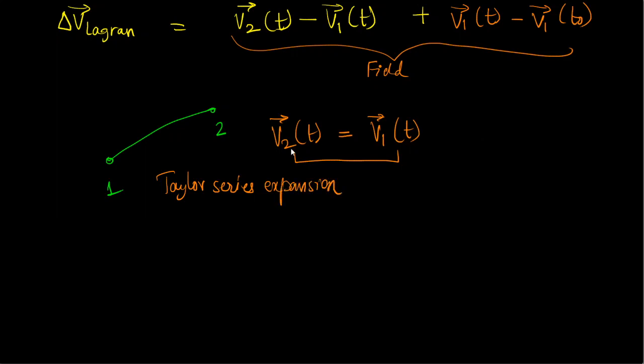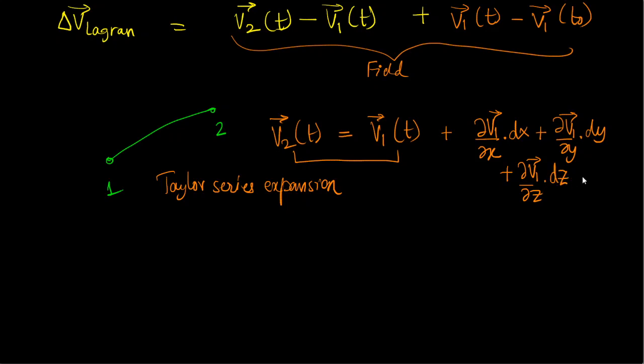So this will be V2 at time t is equal to V1 at time t plus del V1 del x times dx plus del V1 del y times dy plus del V1 del z times dz plus del 2V del x2 dx2 by 2 factorial and other higher order terms.